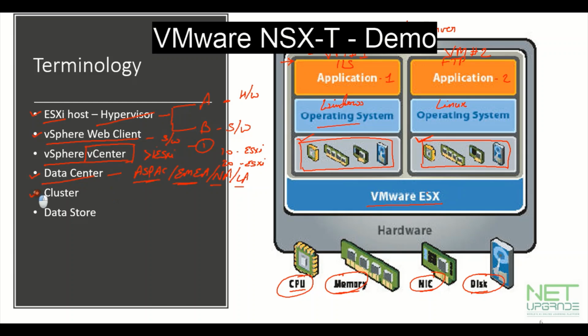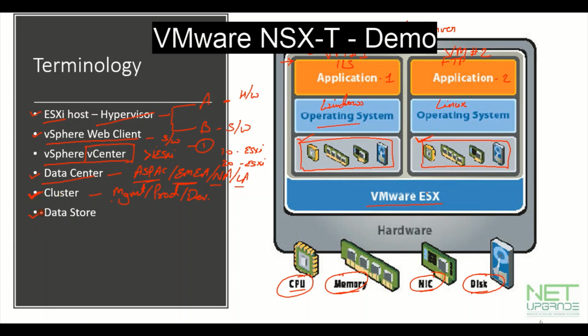Each of the ESXi hosts is used for a specific purpose. That purpose can be your management, your production, or your development team as well. So we can club all those ESXi hosts together, create a cluster, and utilize those for a specific purpose. This is called a cluster.